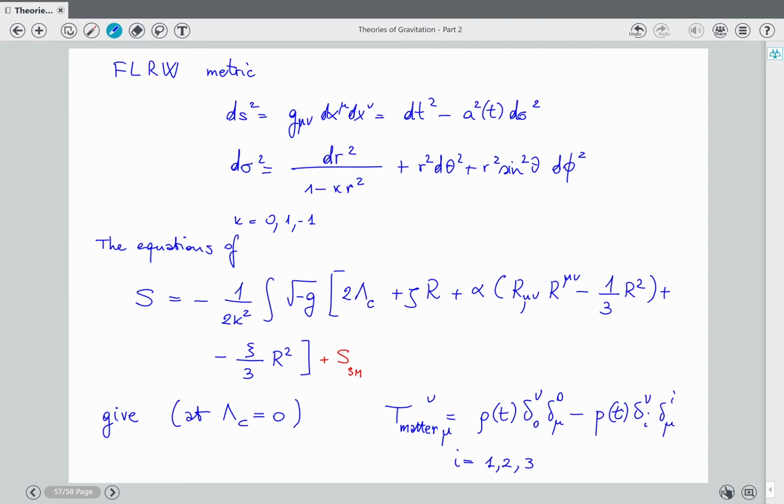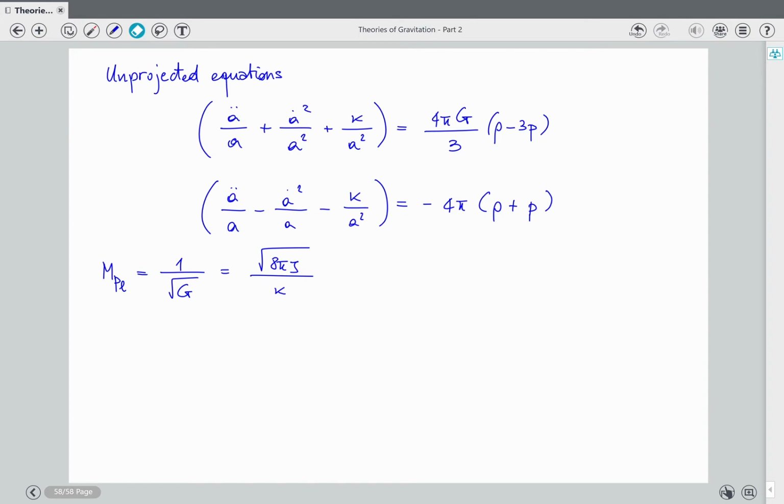So this is, well, the field equations, the equations look like that. Well, these are the usual equations. The modification is that here you get two operators.